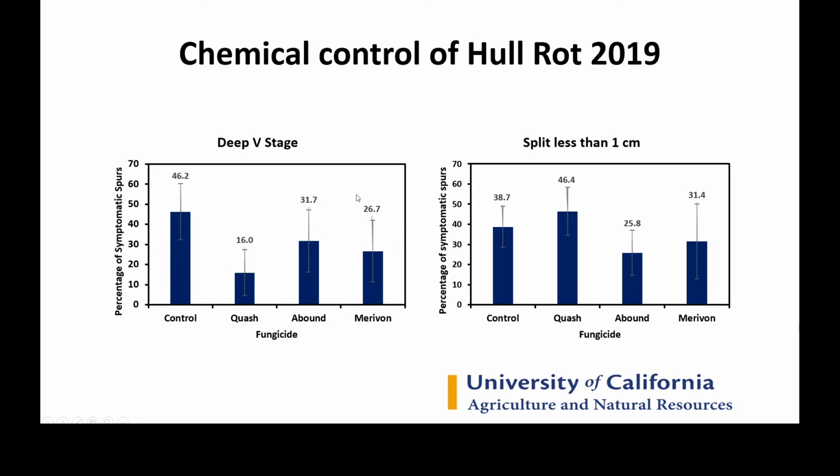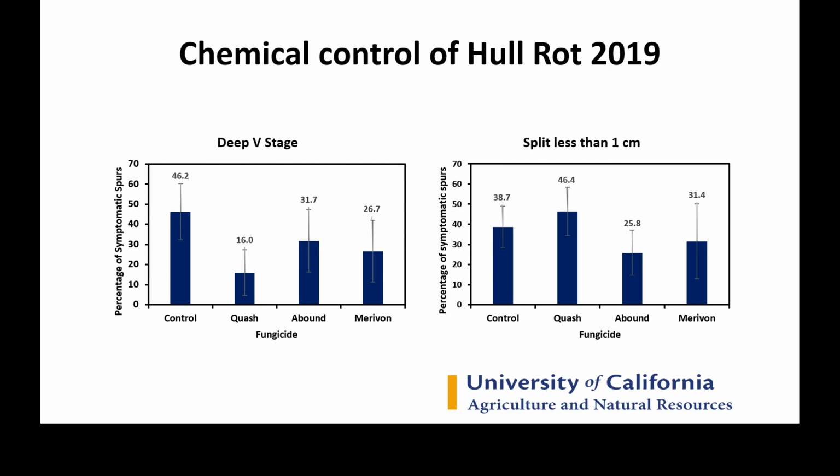If we use the chemicals at deep V and then we inoculate, we see the same trend. However, at the split C stage, we had quite a bit of infection with Rhizopus. So that is still work in progress. This year we're going to repeat this work again and see.